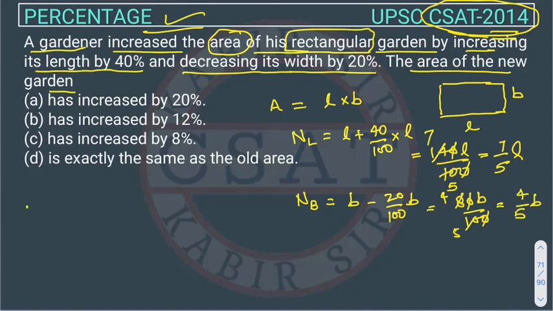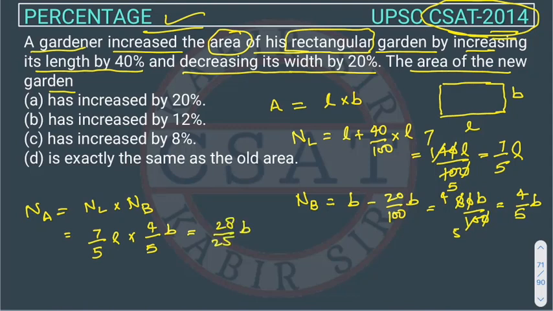So now the new area will be new length into new breadth. So new length is 7 by 5 L into 4 by 5 B. So this will be 28 upon 25 LB, right?